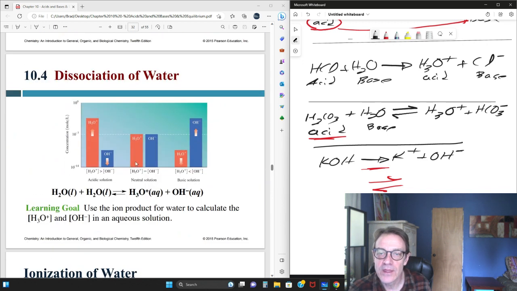And I am going to stop right here because now we're getting into the idea behind pH, which is the dissociation of water. When you say something's acidic, something's basic, our normal blood pH is 7.4, and all these things we see normally.